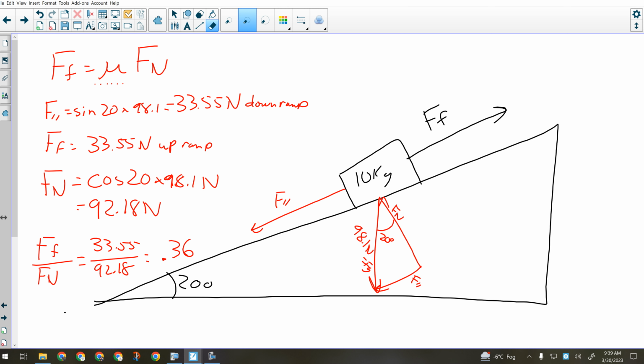There are very few situations where that number will ever be greater than 1. I'm trying to actually think of a situation where that would happen. Almost no interfaces would have a coefficient of friction greater than 1. The higher it is, the stickier it is. So the lower the number, the less friction, the higher the number, the more friction. Everybody okay with that?